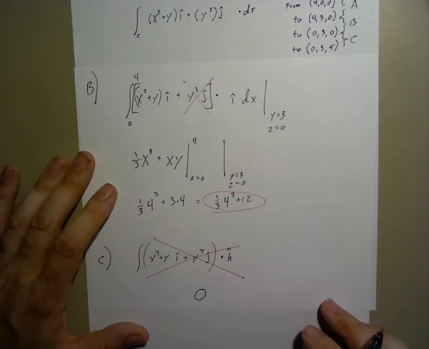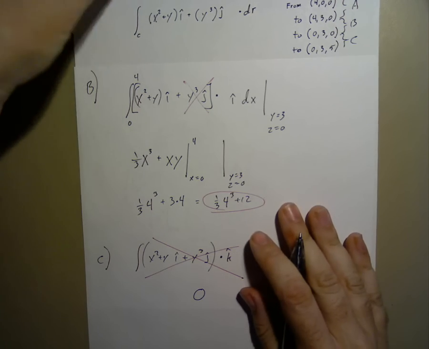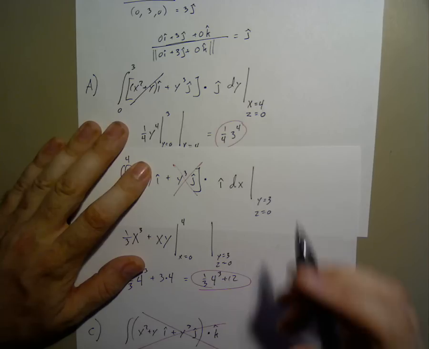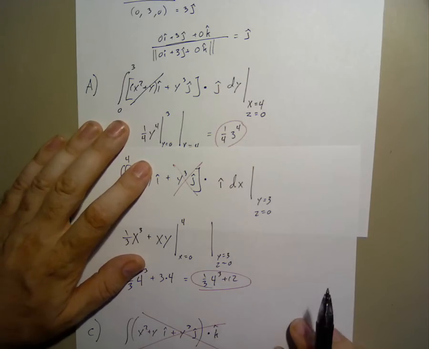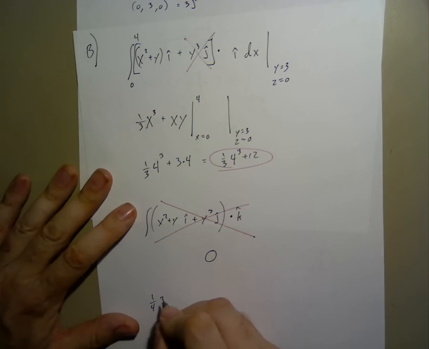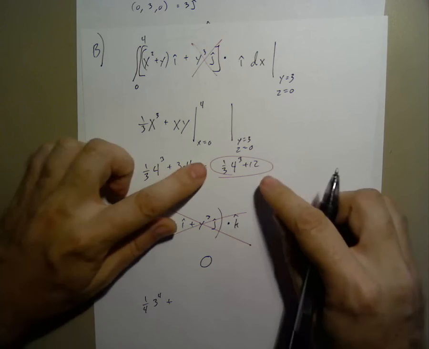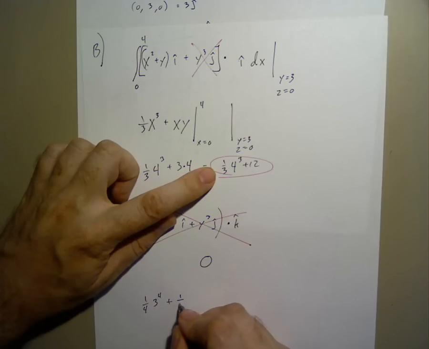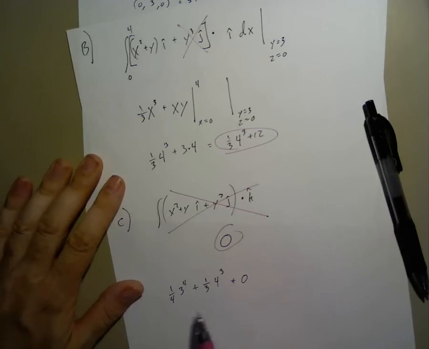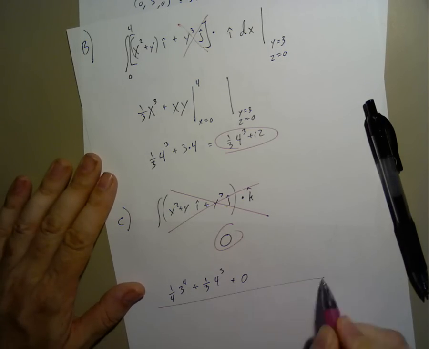Lastly, we add up the results of what we got from each integral. So we will have 1/4 times 3 to the power 4 plus 1/3 times 4 to the power 3 plus 0, leaving us with this.